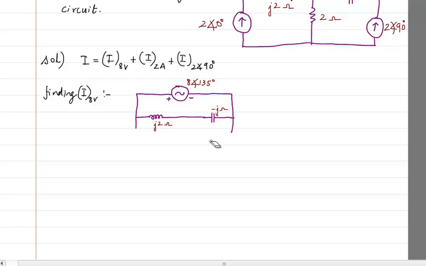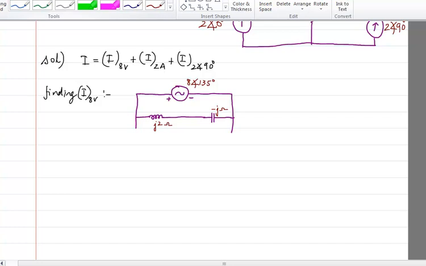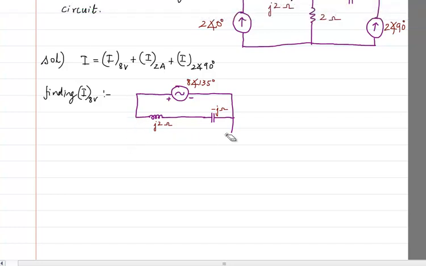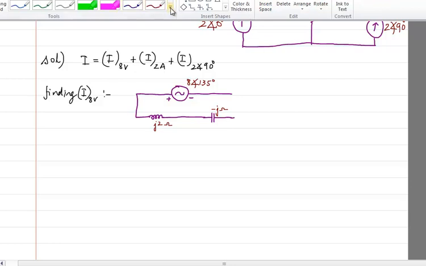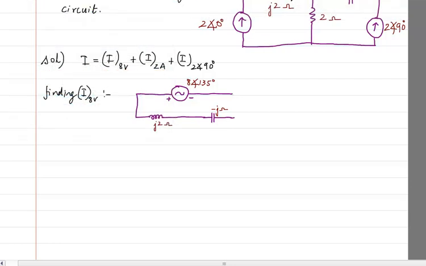As you can see, the circuit has become very simple now. Let me redraw. If I want to find the current through this one, it has become very easy because now I can directly draw the current, and it is the same current passing through, isn't it?